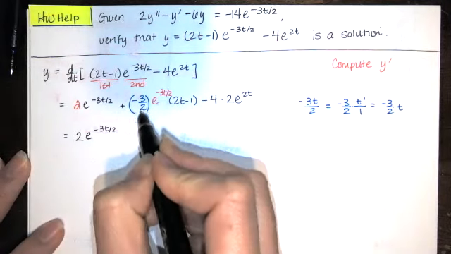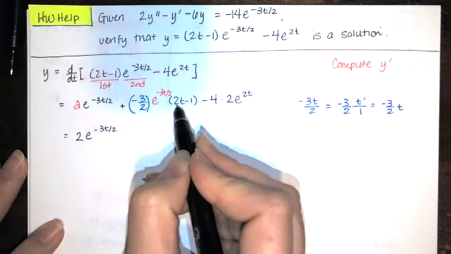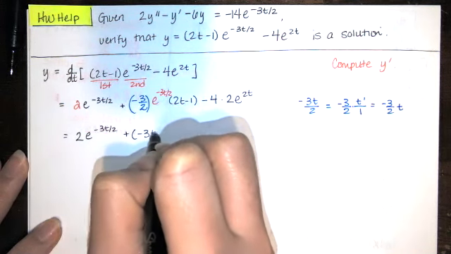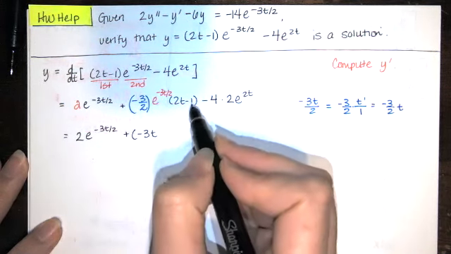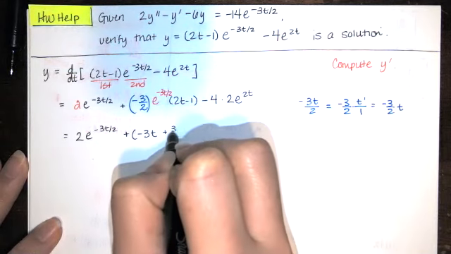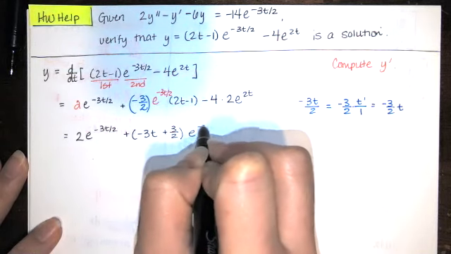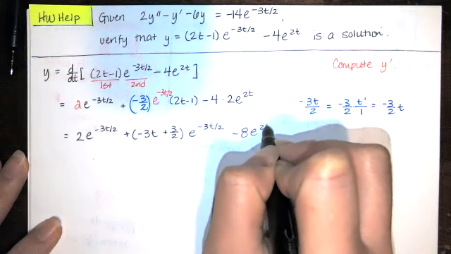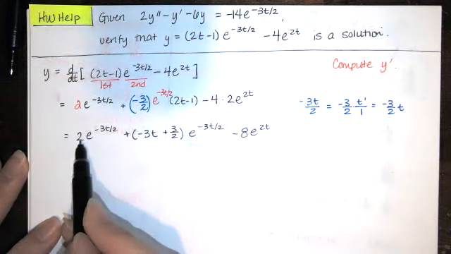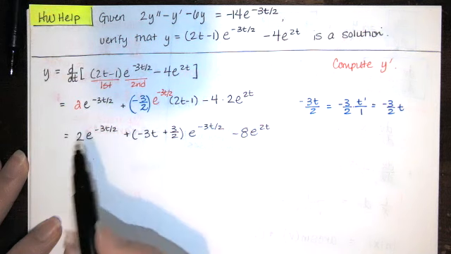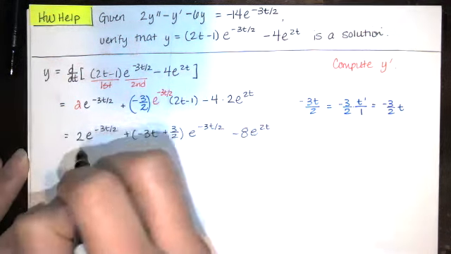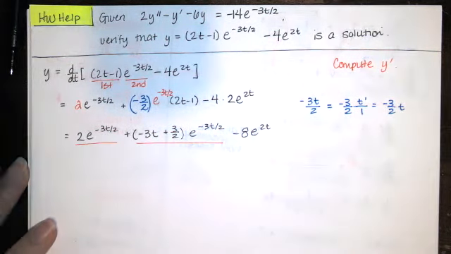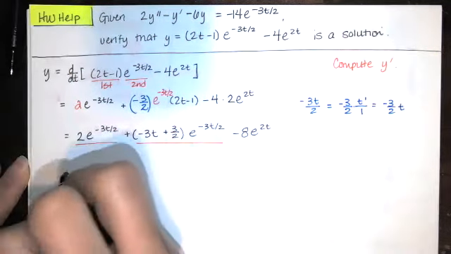From here, this -3 over 2 times 2t will give me a -3t, and then -3 over 2 times -1 is +3 over 2. And then this and this both have an exponential function, this e to the -3t over 2, as a factor, so we can factor that out.